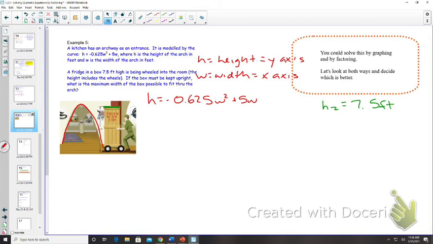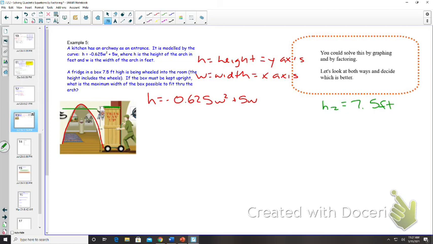And here's our door. Is the box going to be able to go through the door? Our h2, or y2, is going to be that 7.5 feet.